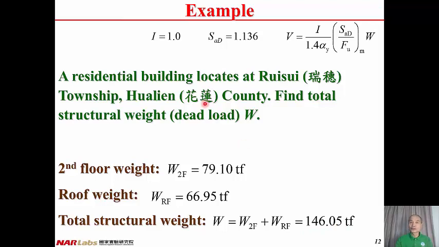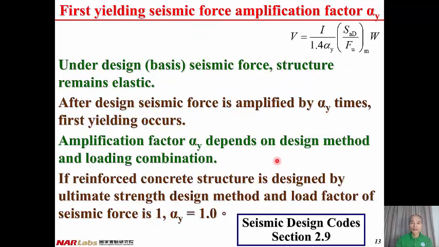Therefore, so far, we have the importance factor I equal to 1.0, the spectral acceleration SAD equal to 1.136, and also W, the weight of the structure, equal to 146.05 ton force. And we are going to find the first yielding seismic force amplification factor alpha Y. Under design basis seismic force, the structure remains elastic.